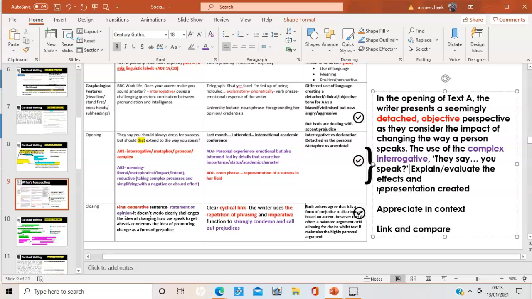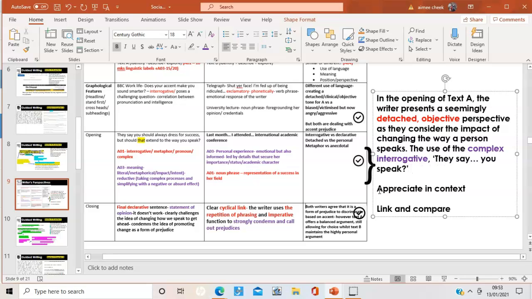So the use of the complex interrogative, they say, now if we're explaining, we're giving a reason why, using because. The evaluate is about whether it works well. Okay, so let's have a look then. The use of the complex interrogative, they say, you speak. So now I'm going to start to explain the meaning, the representation, the effects of that question. So the use of the complex interrogative, they say, but should that extend to the way you speak?